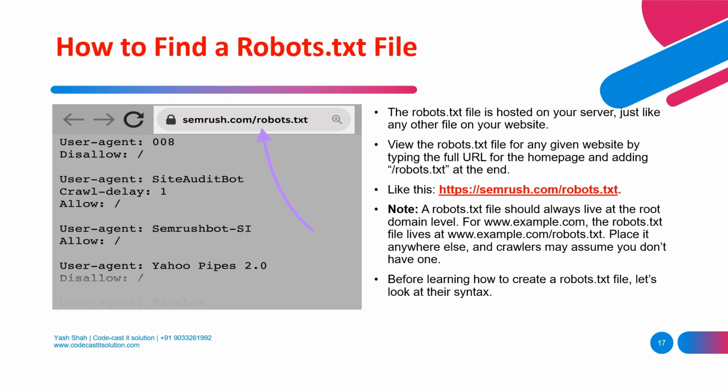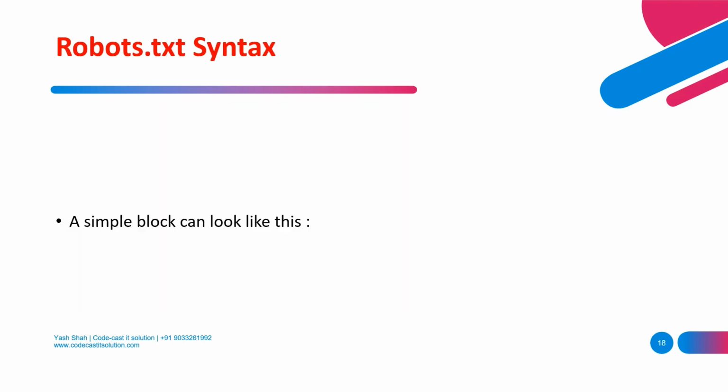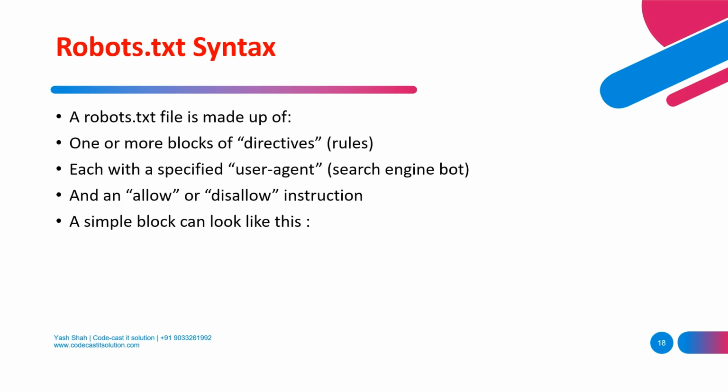Before learning how to create a robots.txt file, let's look at their syntax. A robots.txt file is made up of one or more blocks of directives, rules, each with a specified user agent, search engine bot, and an allow or disallow instruction.